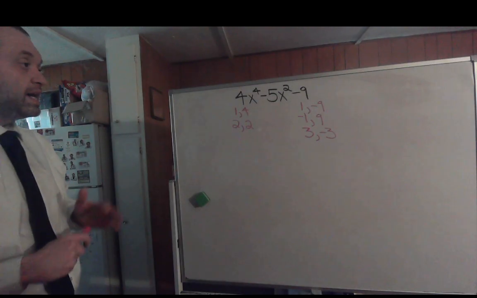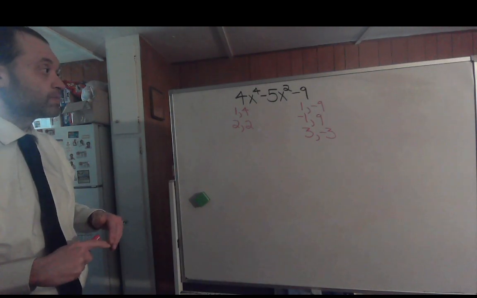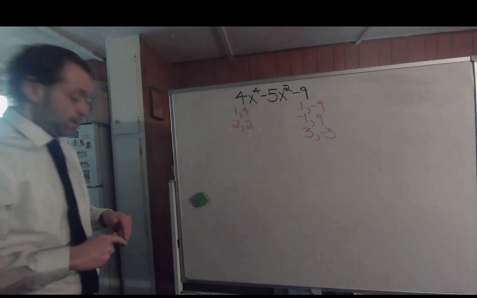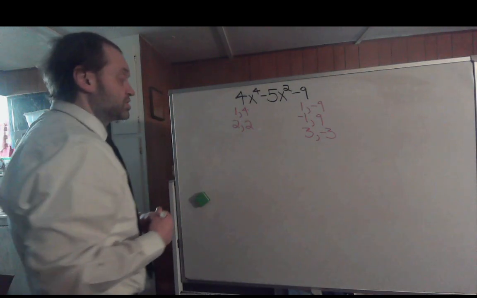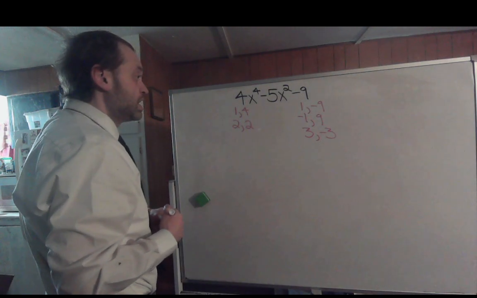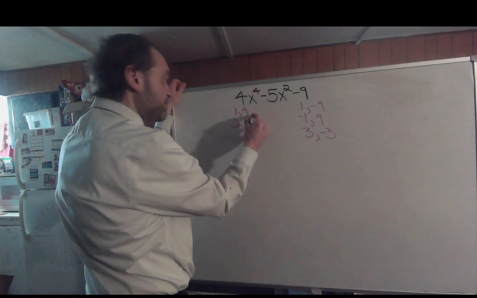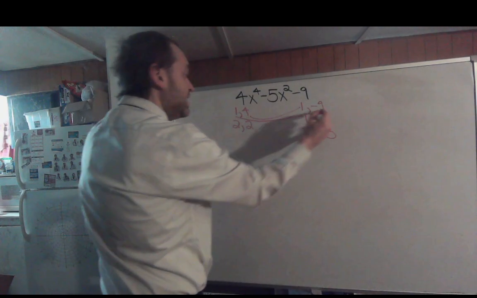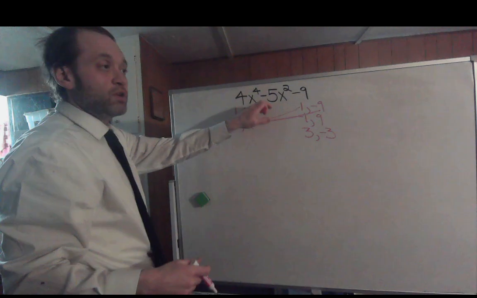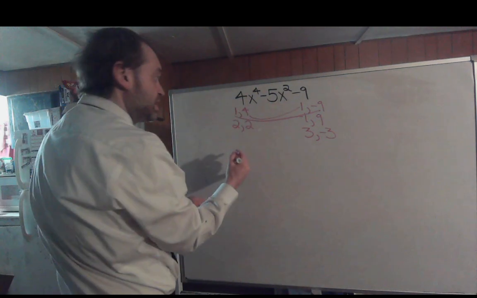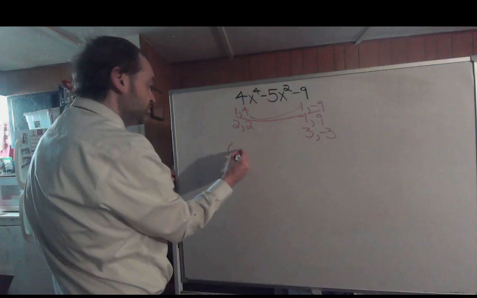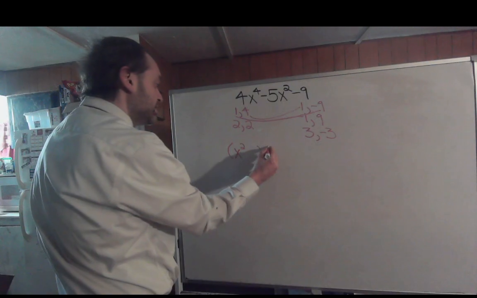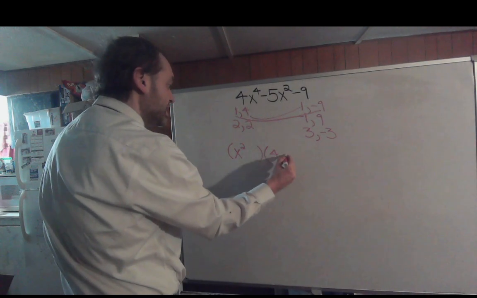So let's see what we got here. Let's see what we're going to multiply. I think if we multiply 4 times the 1, and then 1 times negative 9 and add those together, that'll give us the middle coefficient of negative 5. So this should factor into, let's see, x to the 2nd, that quantity, then we'd have 4x to the 2nd.